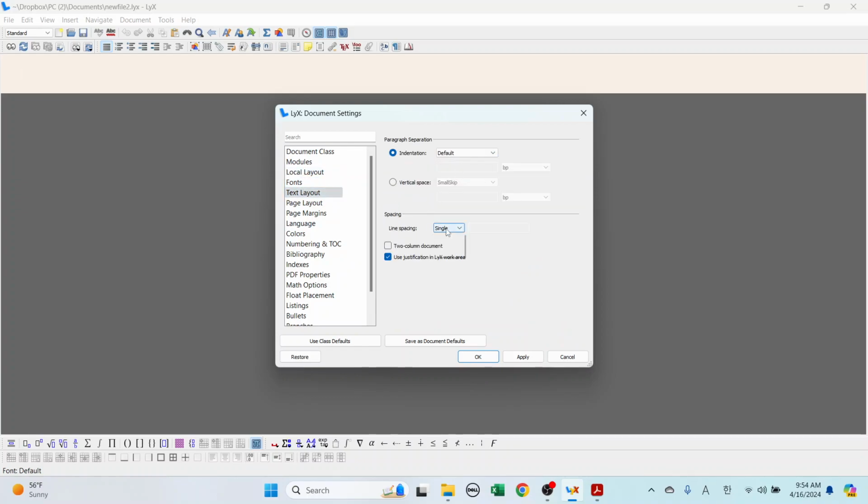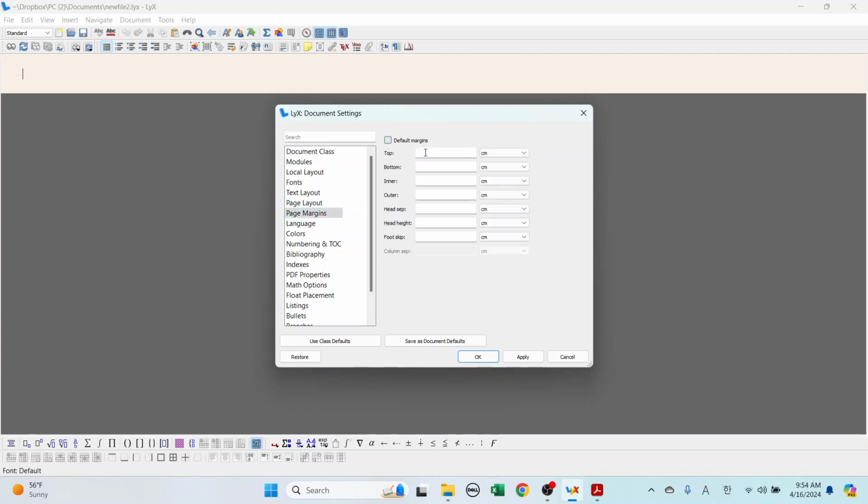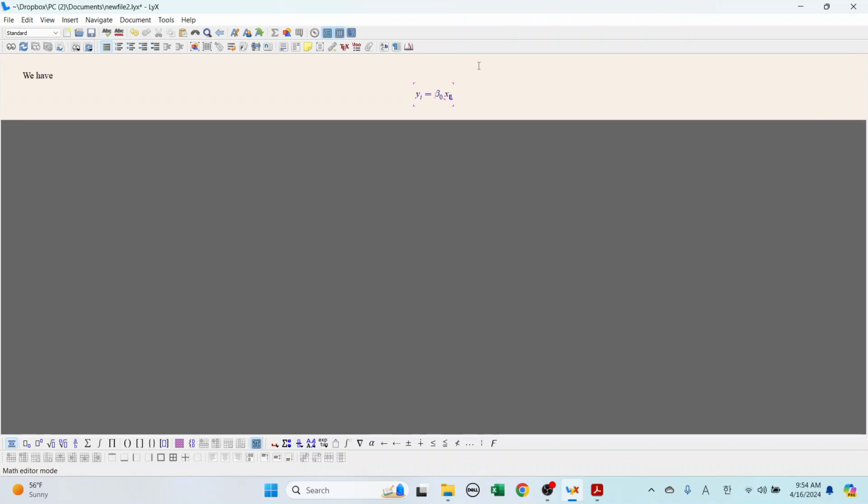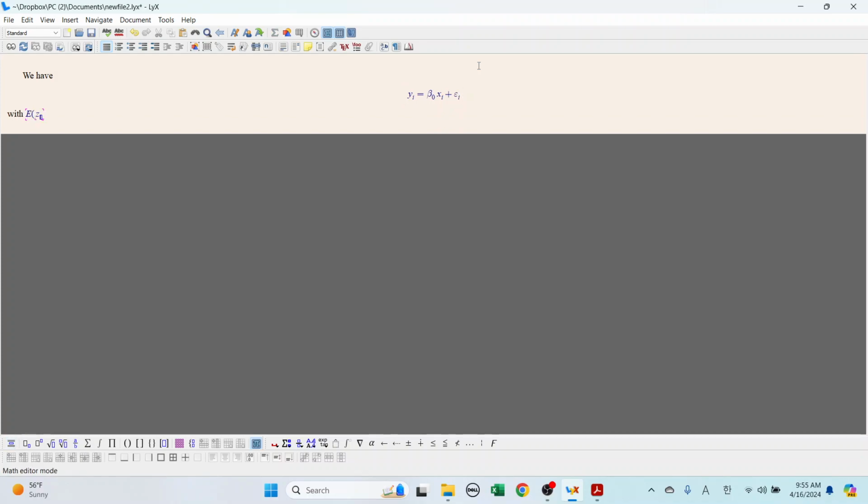For the unrestricted model, we have the simplest regression model with an instrument Z. Assume that all variables are mean zero, so there is no intercept, that does not matter.